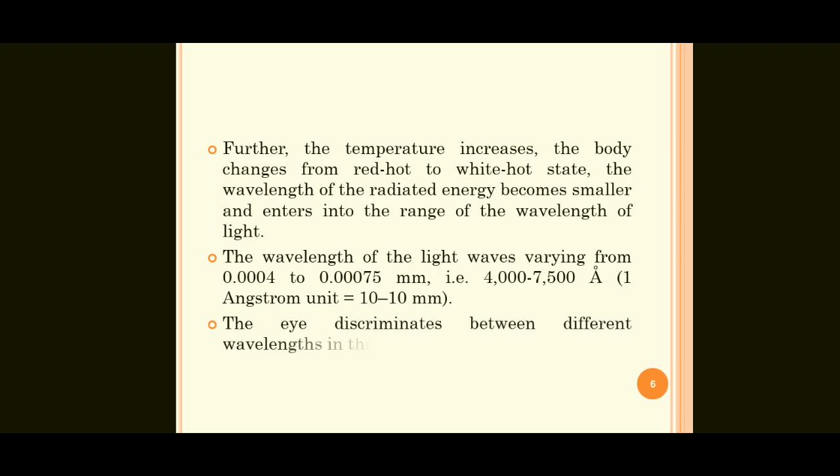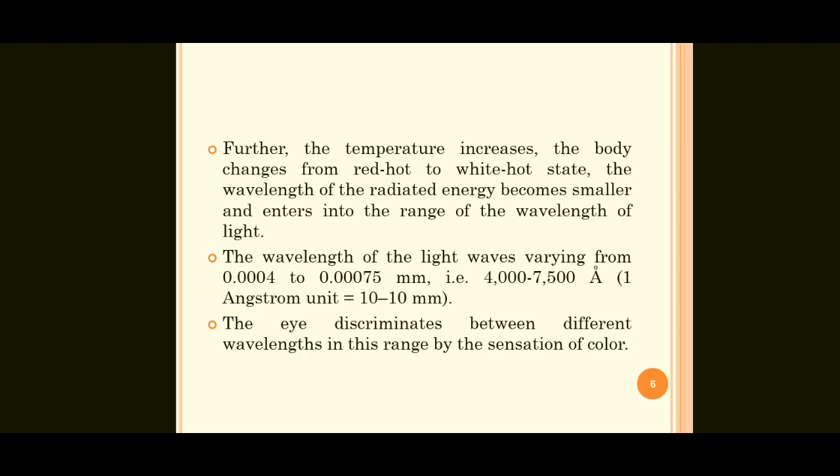The eye discriminates between different wavelengths in this range by the sensation of color. In between 4000 and 7500, different colors are present depending on wavelength.